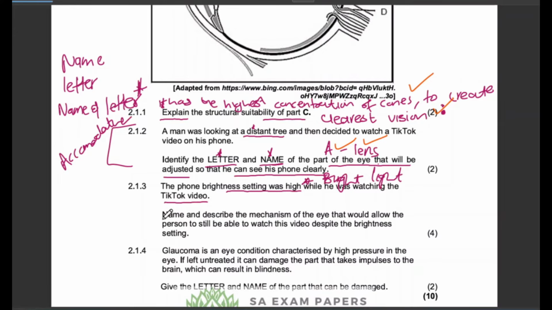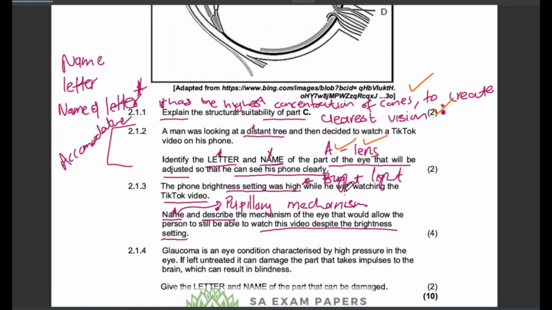Name and describe. We first need to name, and then we describe the mechanism of the eye that would allow a person to still be able to watch this video despite the brightness setting. Now, we already know that the mechanism here would be pupillary mechanism. We know that. So we need to name the mechanism, which is pupillary mechanism.